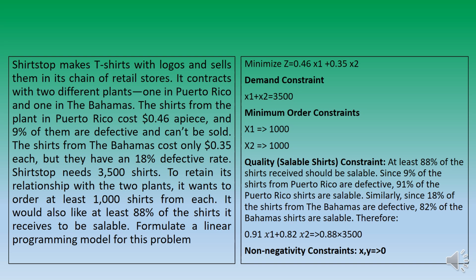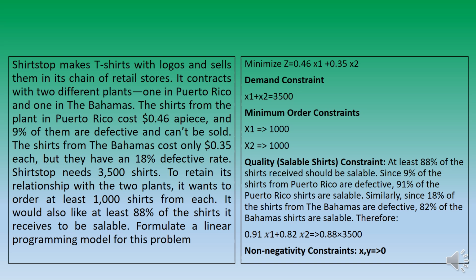You see, x1 must be a minimum of 1,000, and it may be more than that. So these are the constraints we have. Over here you see 0.91 x1 plus 0.82 x2. 91% is the sellable quantity of Puerto Rico, and 82% is the sellable quantity of the Bahamas.